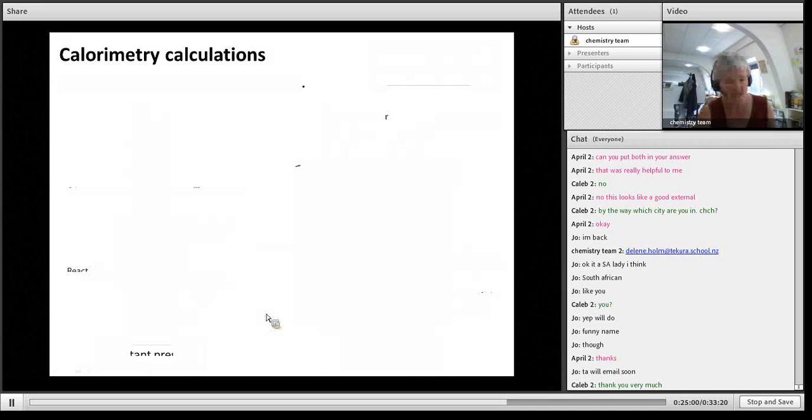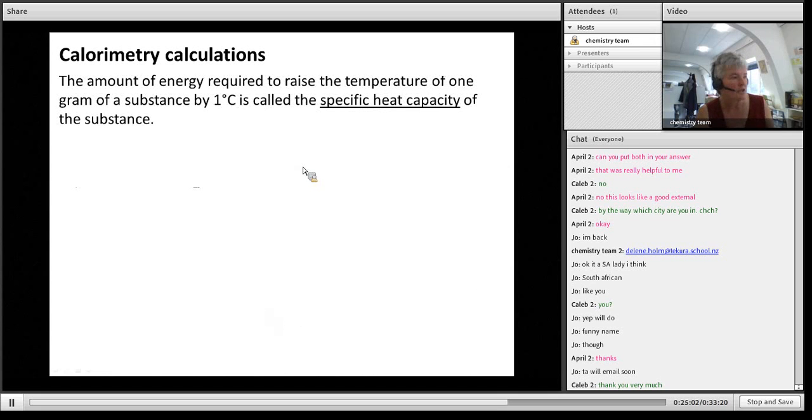So let's see what I mean. First of all, you need to know the specific heat capacity, and it'll always be given to you, so you won't have to memorize anything. With those heating curves, you saw that mc delta T; that c in that formula is the specific heat capacity.